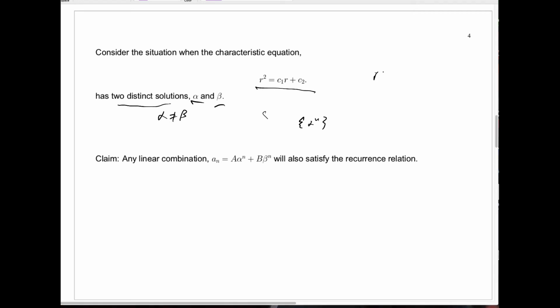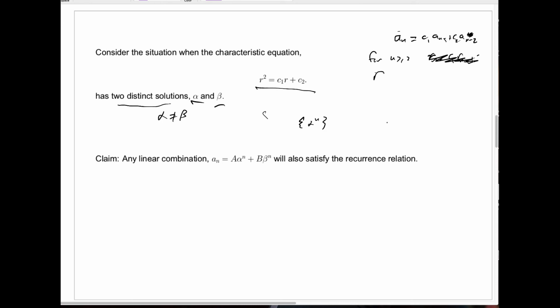I'll rewrite the recurrence relation for n greater than or equal to 2. We want, for n greater than or equal to 2, a sub n, the nth term of our sequence, to be c1 a sub n minus 1 plus c2 a sub n minus 2.